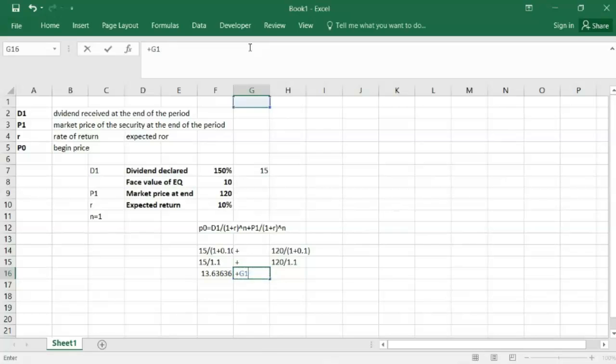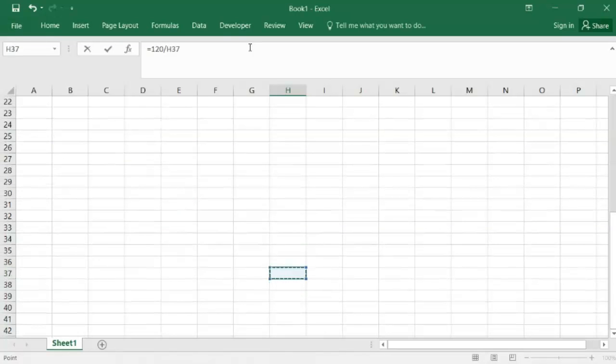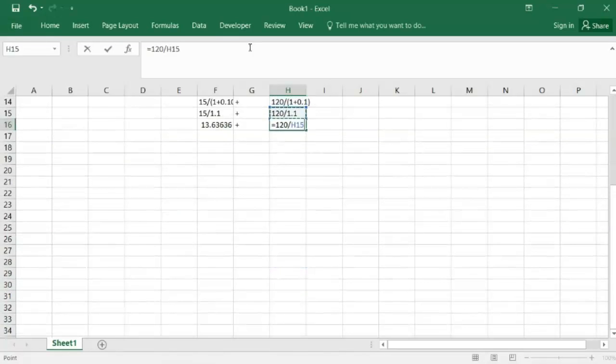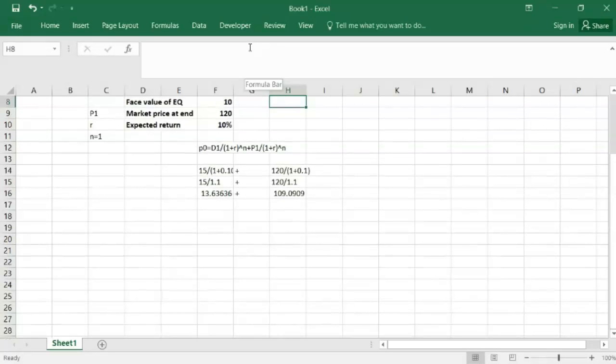And I'm going to take 120 divided by 1.1. The market price at the end of the period is 120 rupees, so the present value of the market price today is considered as 109.0909 rupees.